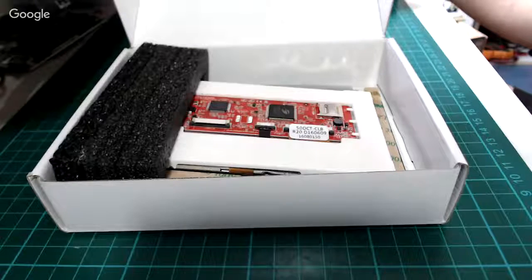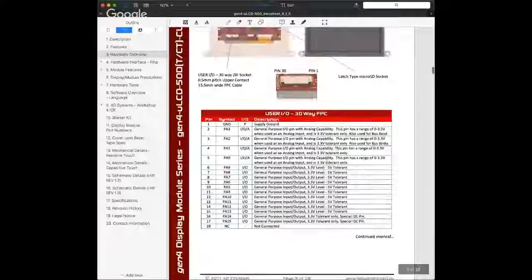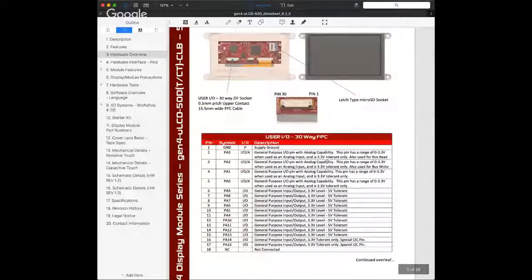Okay, so we're going to go back to the PDF document. You can find the data sheet on the product page. It talks about the different pins that are available.